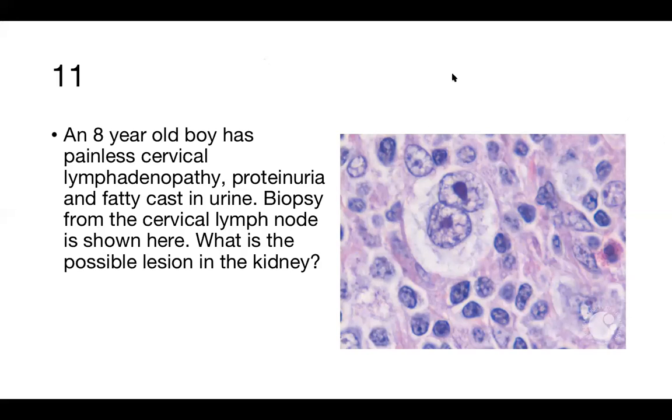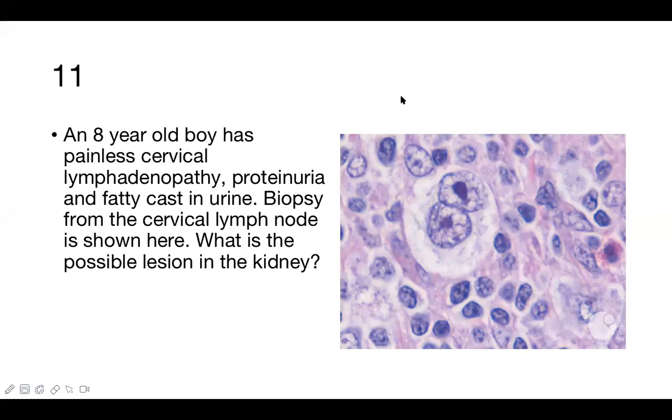The classical signs and symptoms are painless lymphadenopathy, and cervical lymph nodes are the most commonly affected. But generalized lymphadenopathy can occur. The spleen is also very commonly enlarged. Sometimes these patients can have constitutional symptoms as well, like fever and weight loss.